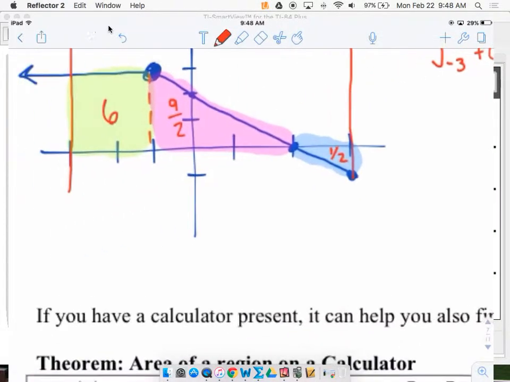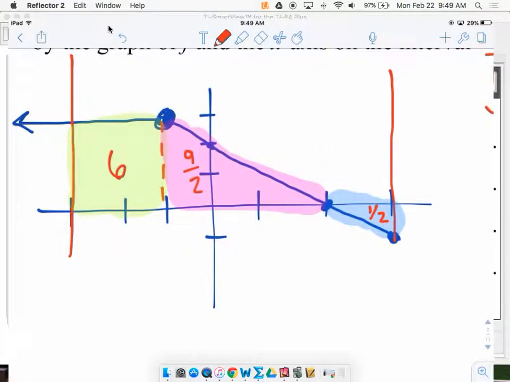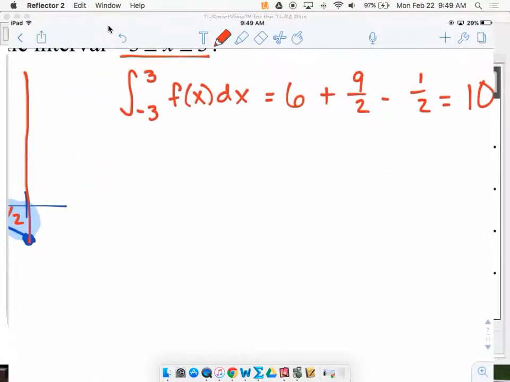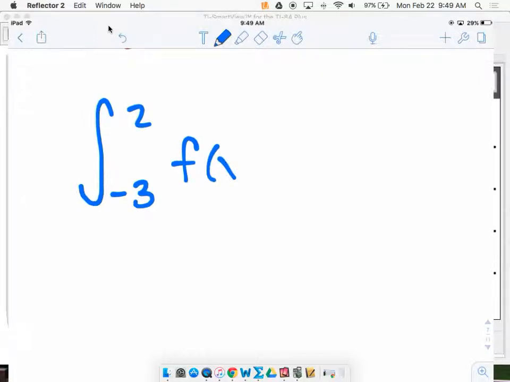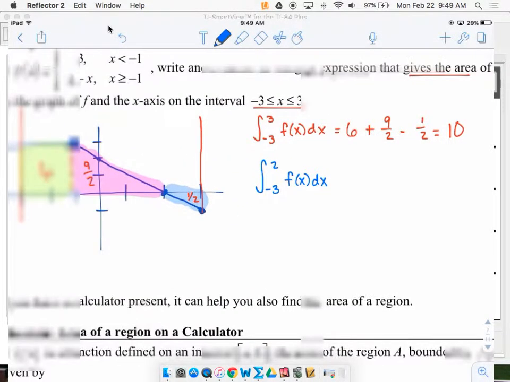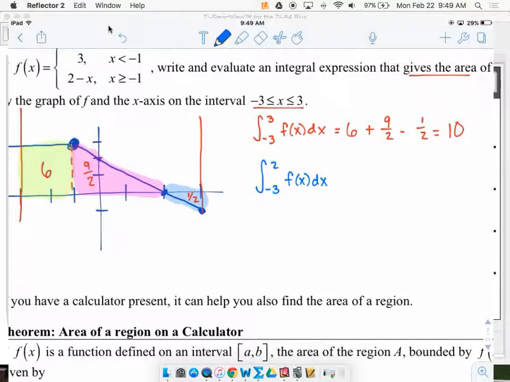So where's the first part that you hit negative area? 2, right? If I take the integral going from negative 3 to 2, that should all be positive, so I have negative 3 to 2 of f of x. Now, if I do it from 2 to 3, that's going to give me a negative 1/2. So how would I have to change that so that I could make it positive?